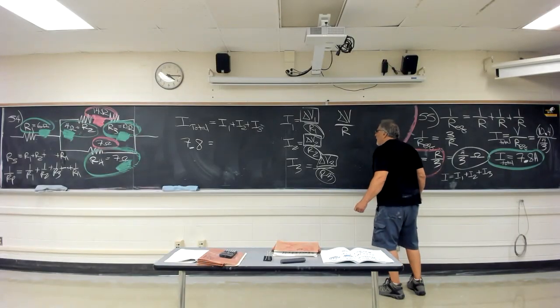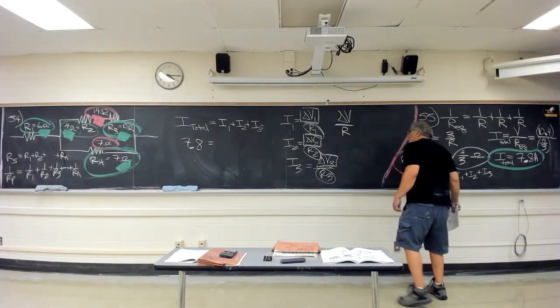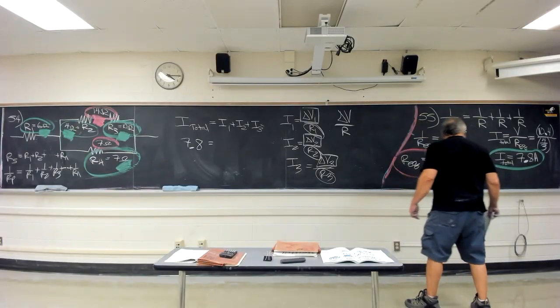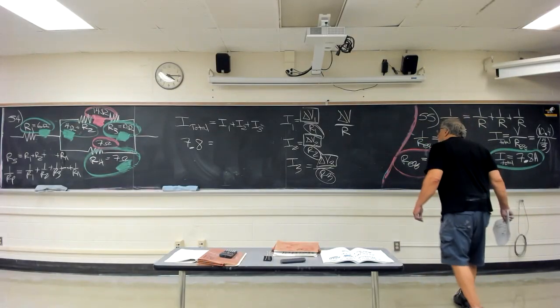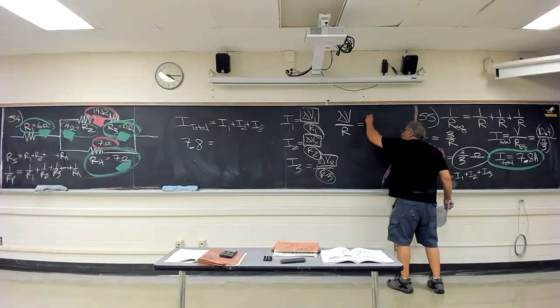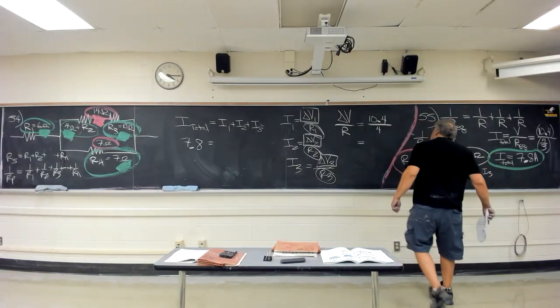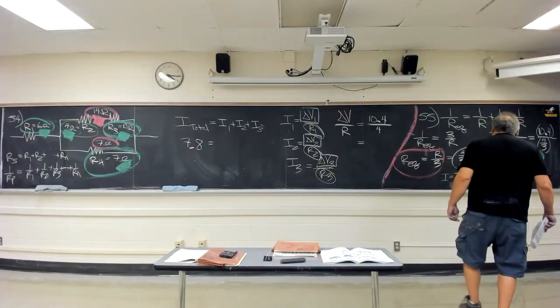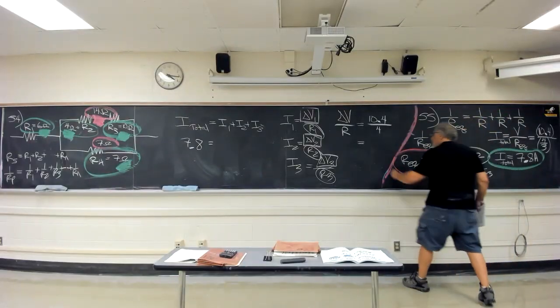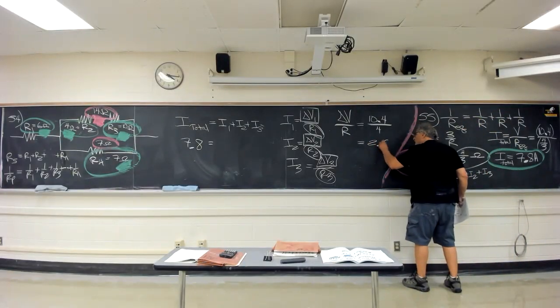So what happens here, guys, as you look at this, what was that potential? That's kind of an interesting point in its own right. That's what they're all equal to. Each one's got 10.4 volts. Each one's got 4 ohms right here. And that makes sense. When you do this, you're going to get 2.6 amps.